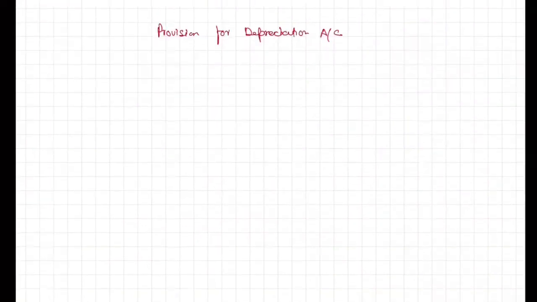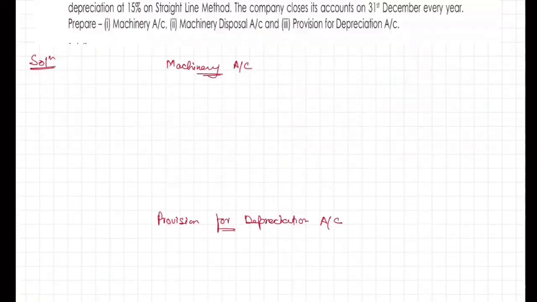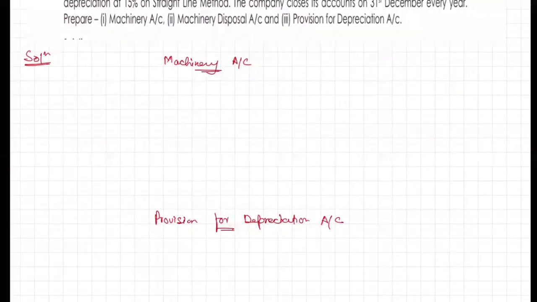Then we need provision for depreciation account, and then we'll go on to asset disposal account. Okay, I won't draw it. Okay, we'll do it like this.